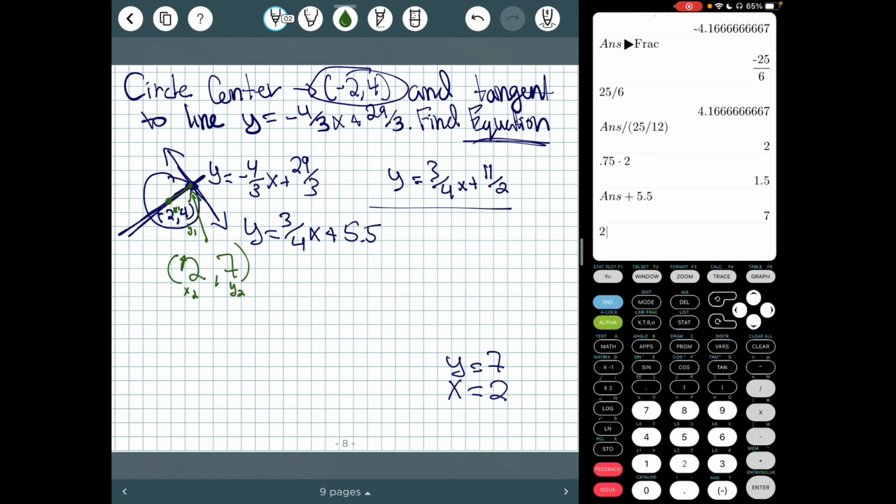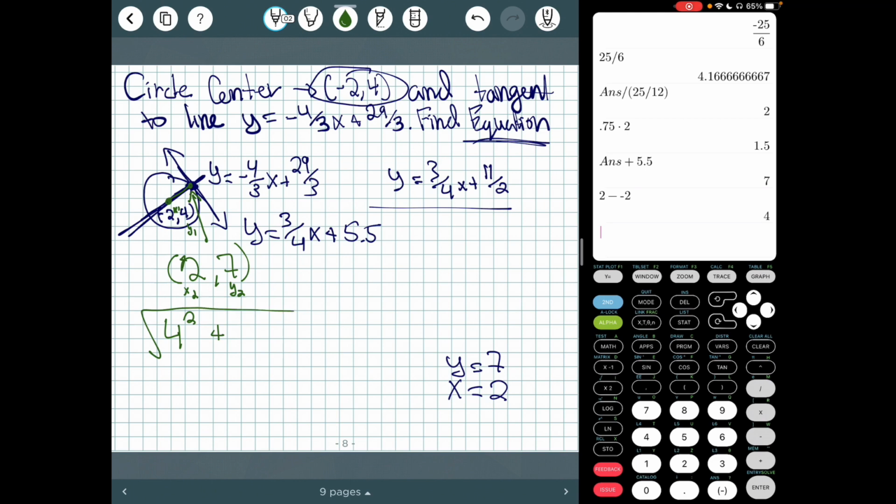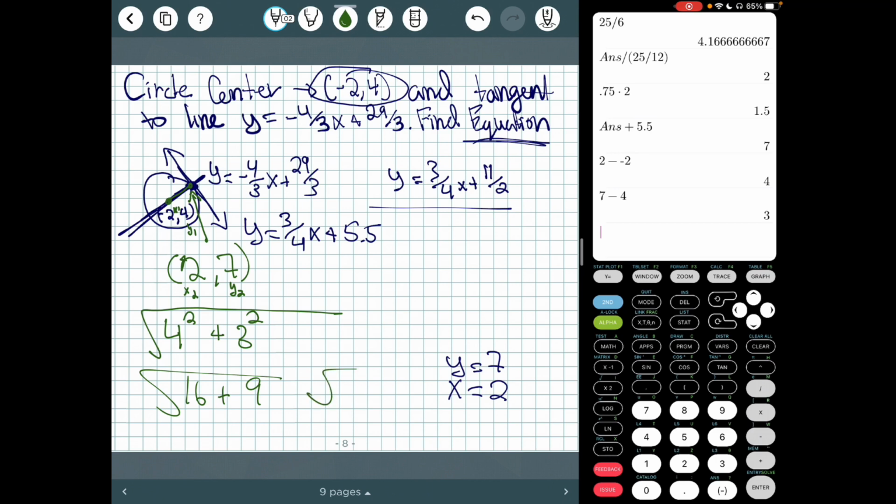So 2 minus negative 2 gives us 4 squared plus 7 minus 4 squared, which is 3 squared. Remember, take the square root of the whole thing, which is in the formula. So 4 times 4 is 16 plus 9. Square root of that whole thing. 16 plus 9 is, what is it, 25? Square root of 25 equals 5. Okay, so our radius is 5.